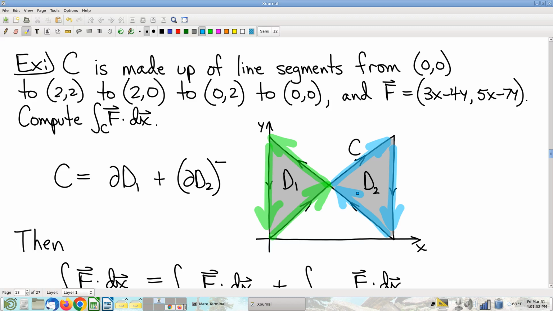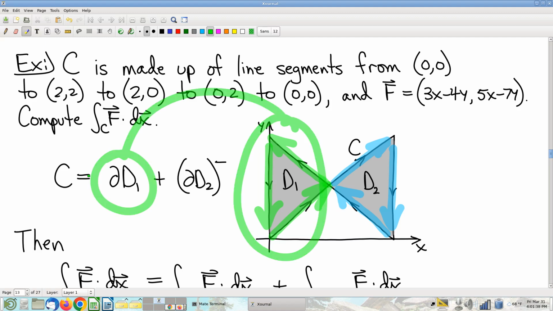And you can probably see my motivation. My motivation, for example, for the left part over here is that all of that together is a boundary. It's literally the boundary of this triangle, D1. And I love it when curves end up being boundaries, because I totally love Green's theorem, and that's my foot in the door to use Green's theorem, at least on that green part of the curve.